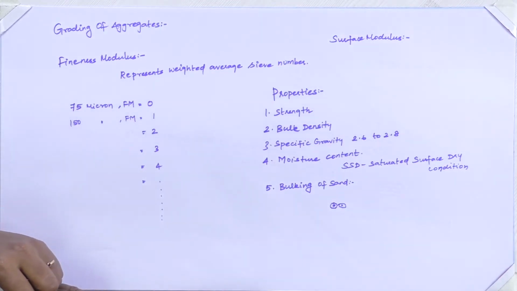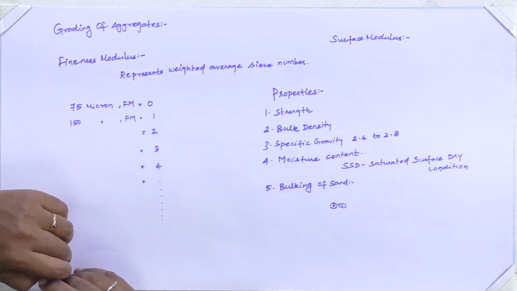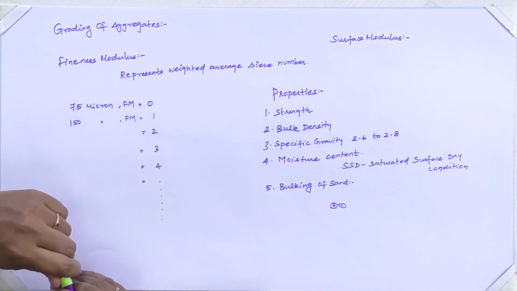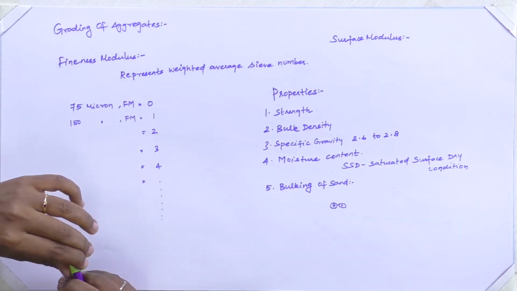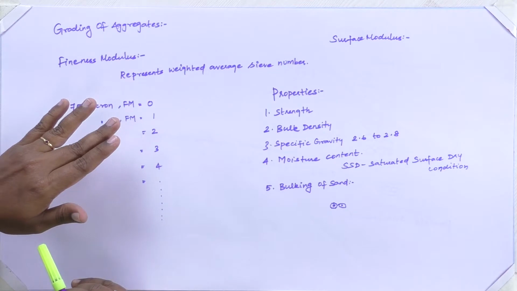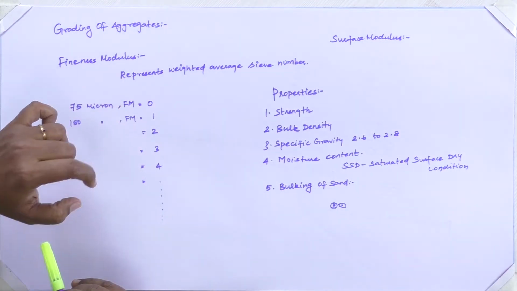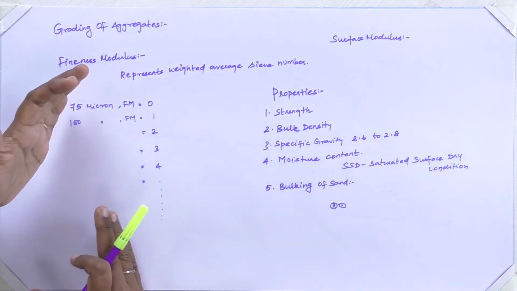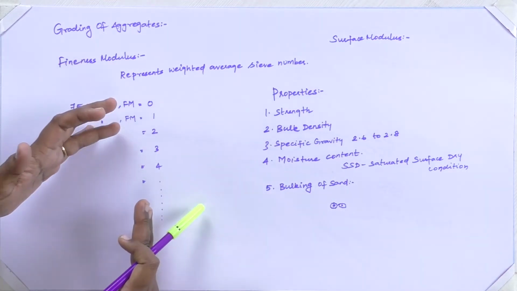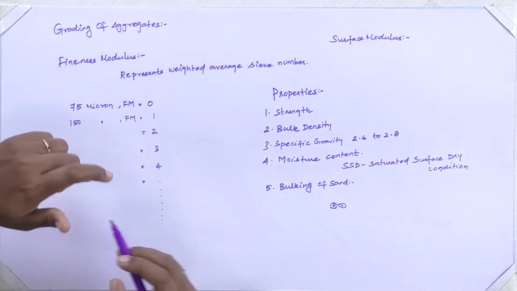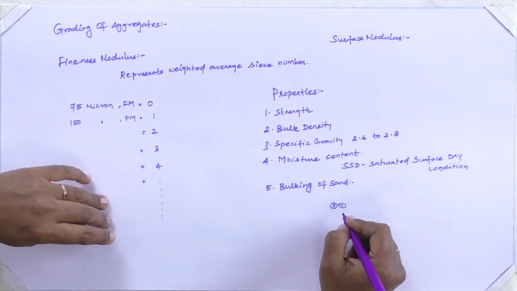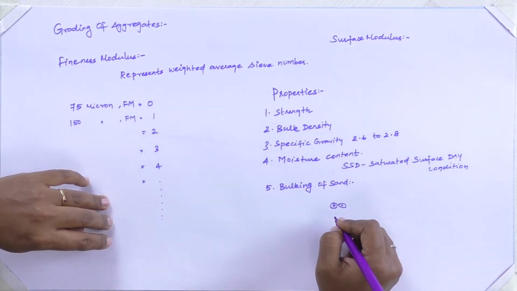This will create a serious issue if the batching is done based on volumetric batching, but if the same batching is done by weight batching, then its influence will not be much.